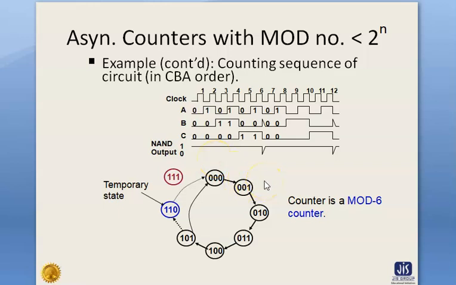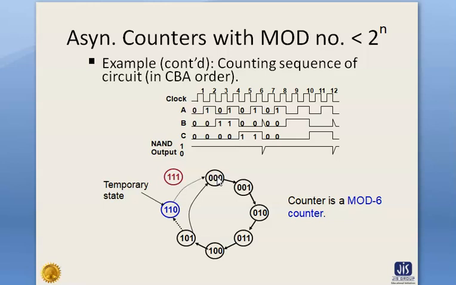If we assume a starting count of 0 0 0, the diagram shows that the state of the counter changes normally until it counts 1 0 1. When the next clock pulse occurs, the counter temporarily goes to the 1 1 0 count before going to the stable 0 0 0 count.